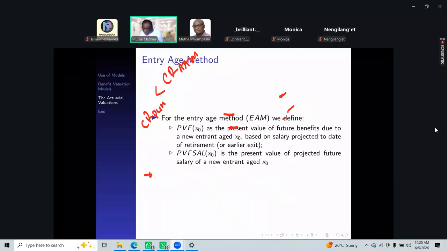And then the other method is called the entry age method, right? So the entry age method is, like the name suggests, where you find the contribution rate when, let's say, an individual joins the plan. This is why we are using X naught, right? We denote PVF as the present value of future benefit due to a new entrant aged X naught, based on projected salary.